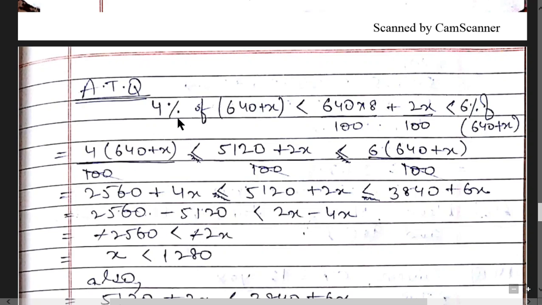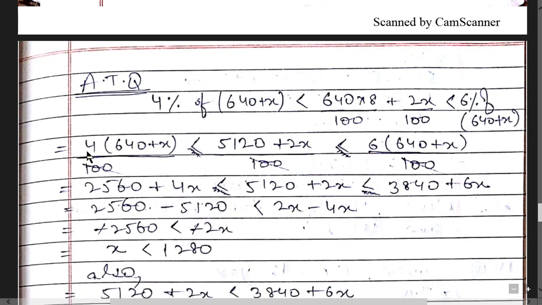It means on the left hand side we have to write 4% of 640 plus x, and on the right hand side we have to write 6% of 640 plus x, and the central value is 640 multiply 8 divided by 100, it's 8%, plus 2% of x liter, because we have to calculate the value of x, 2x divided by 100.